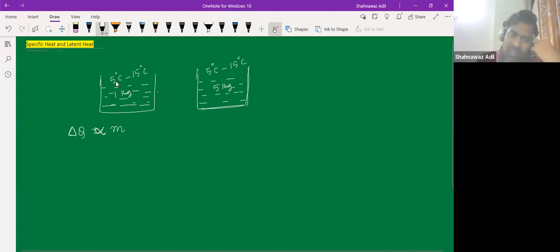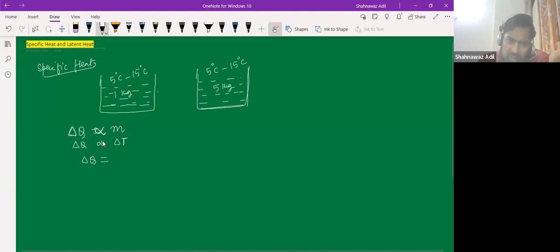And also, we see that this is dependent upon the temperature also. So we can write that this amount of heat, if we remove the proportionality, is also dependent upon the change in temperature, how much we want to increase the temperature, right?